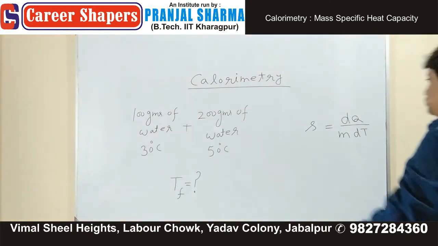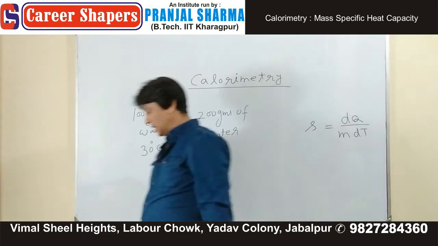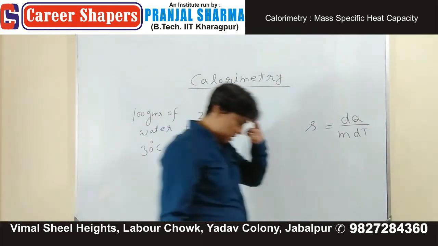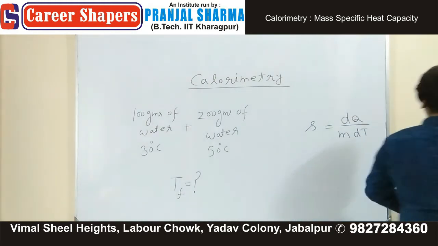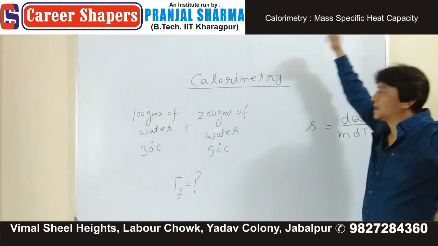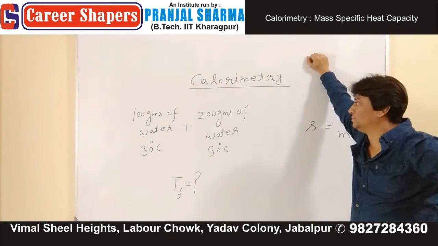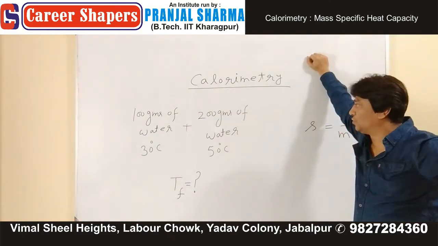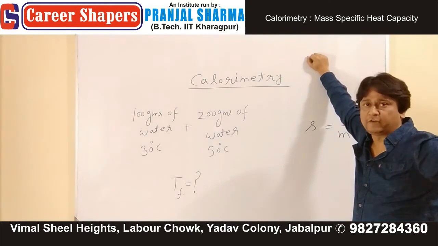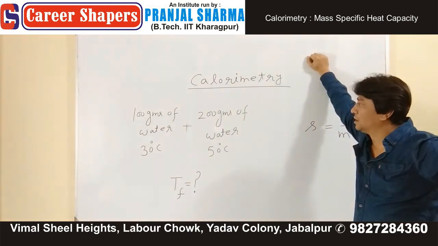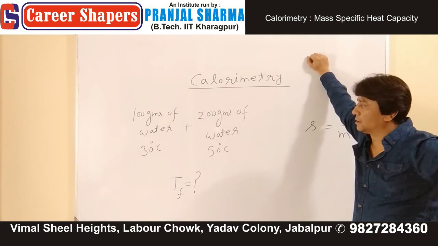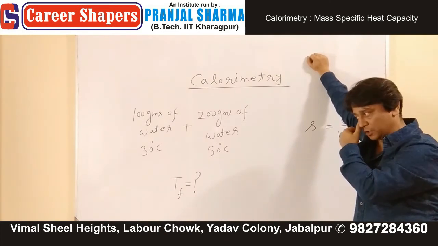Those of you who wish to write the question, they can write like this. 100 grams of water at 30 degrees Celsius is mixed with 200 grams of water at 50 degrees Celsius. Find out final temperature of the system.